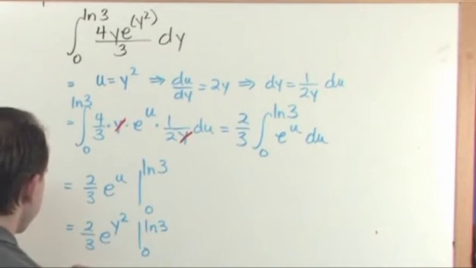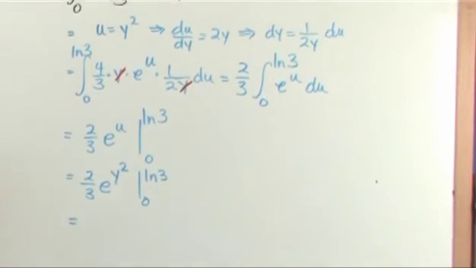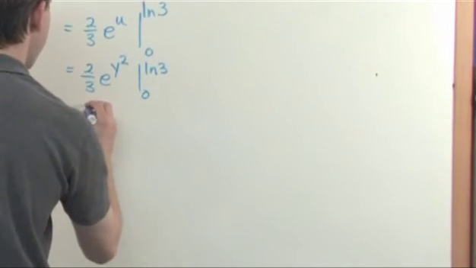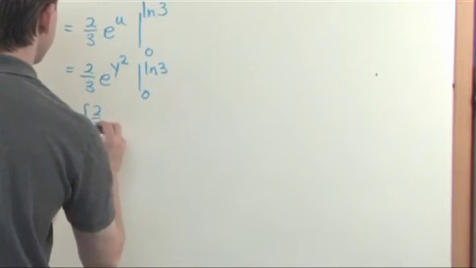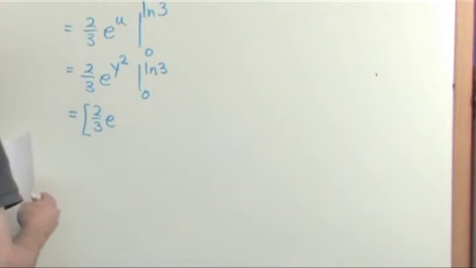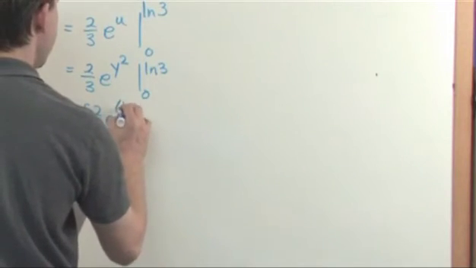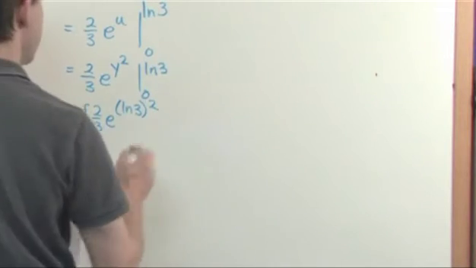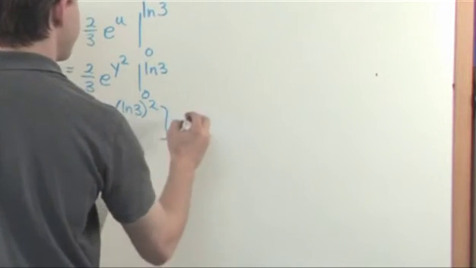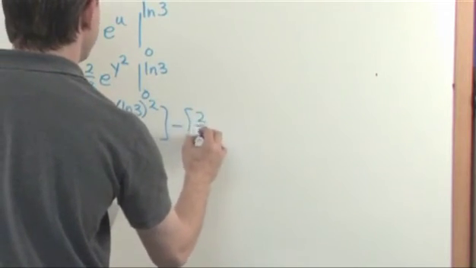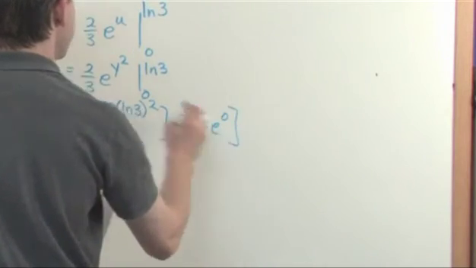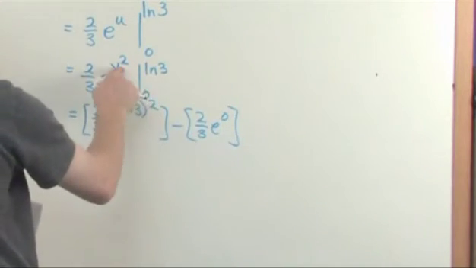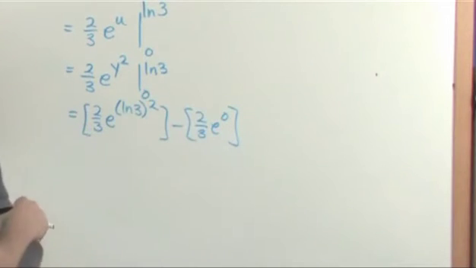And now we can finally pull it off. So we will have 2/3 e, and it's going to look a little bit crazy, e to the natural log of 3 squared, minus 2/3 e to the 0. Because y squared, I'm plugging 0 in here, so 0 squared is 0, so e to the 0.